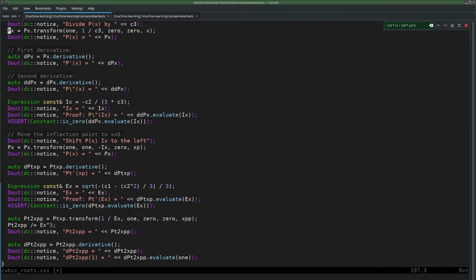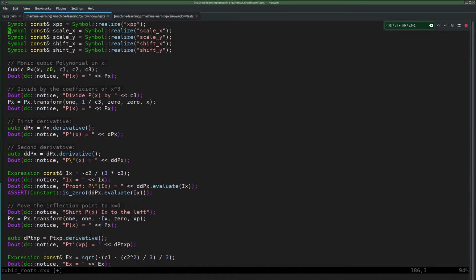Every time I transform it, a new number. So this is px, let's call this px0 then. And then here you can call this px1.